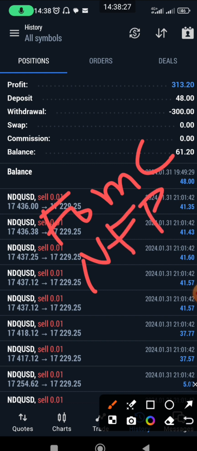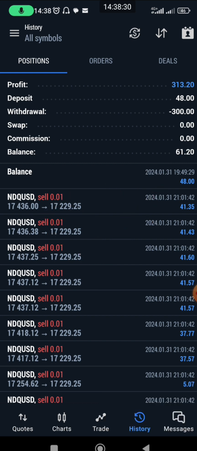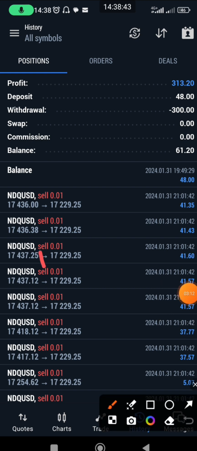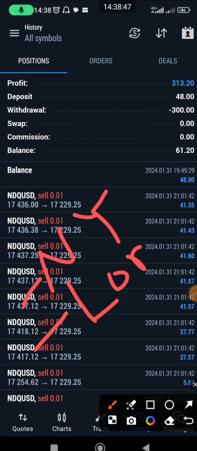When there is FOMC and NFP, the market usually moves in one direction or the other. Another example of such a period is during market open, for example the New York session, or the London session during the first hours.